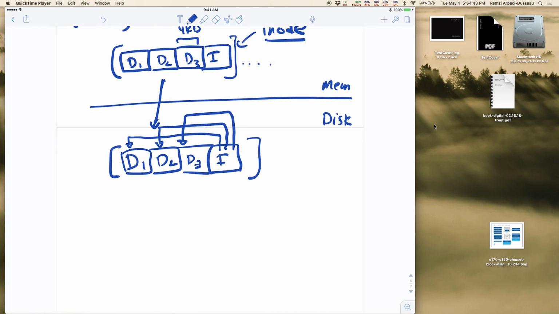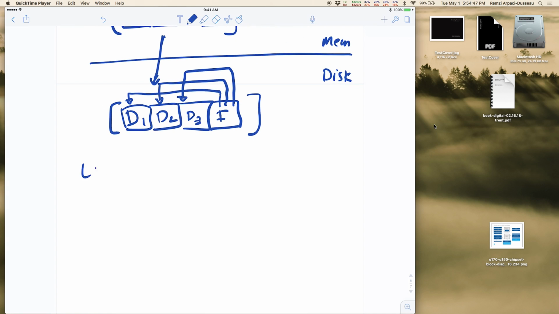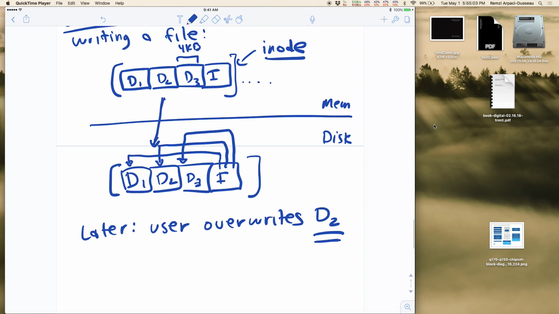Okay, so then later, let's say, we come along. Now we have a few problems here, but let's introduce this problem. Later, let's say the user overwrites the second block of the file that we have inside of this file, right? The second file block. So this one right here.